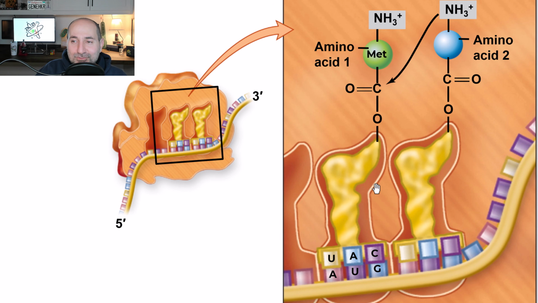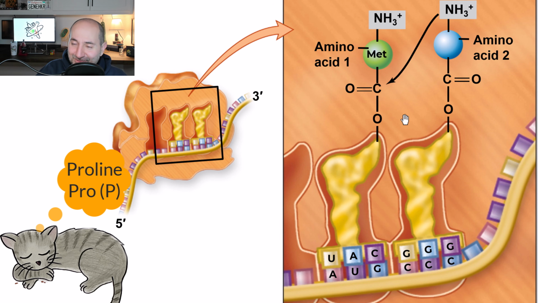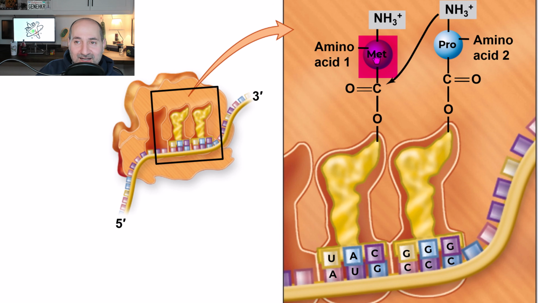And next, remember what I said next? Next, the codon, let's pretend the next codon is CCC, which means the charged tRNA with the anticodon GGG would bind, and which amino acid would it bring with it? That's right, proline.